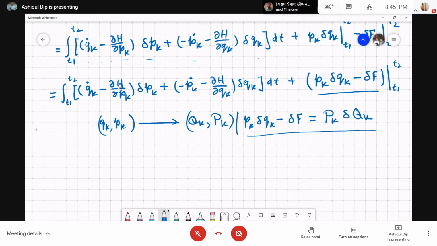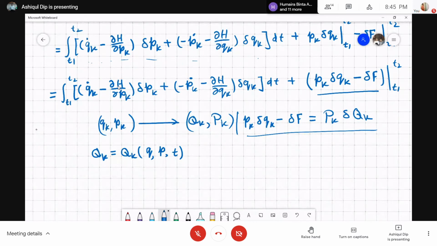Remember, our transformation is a more generic one. When we write this arrow, we actually mean new coordinates Q_k are functions of old coordinates, old momenta, and possibly time. So our coordinate transformation could in principle be time dependent.